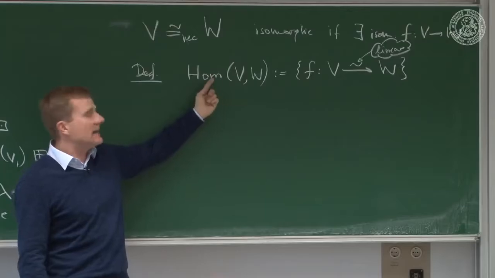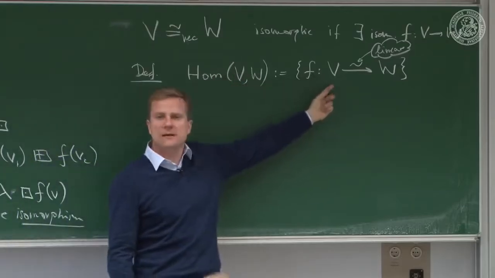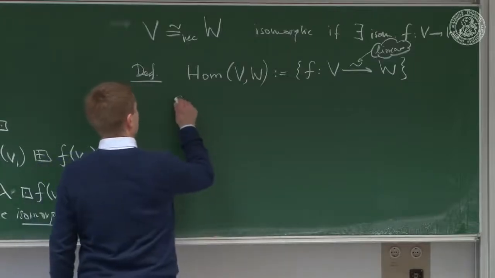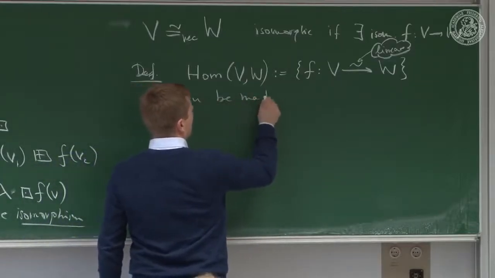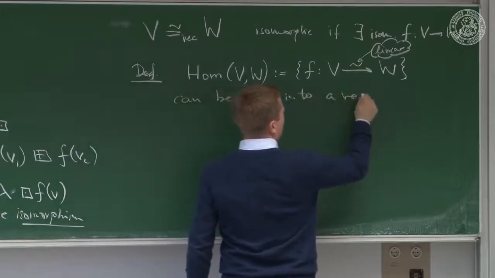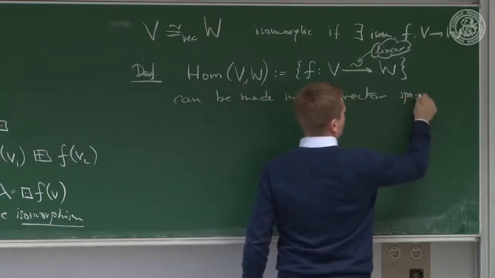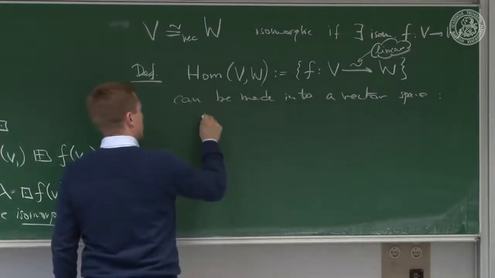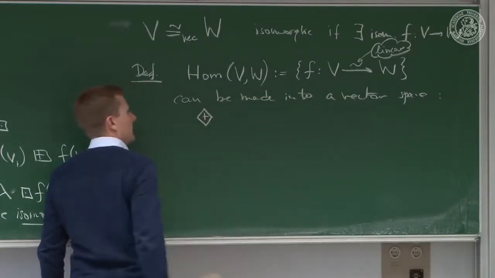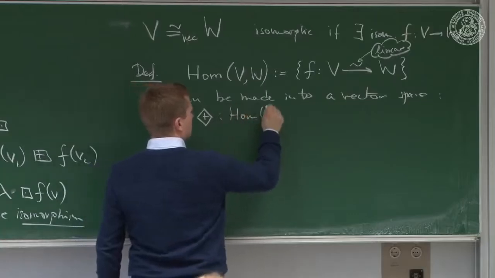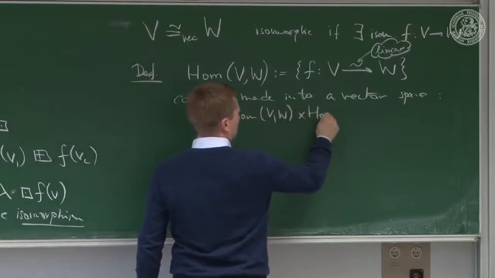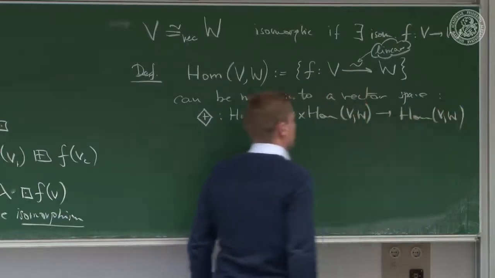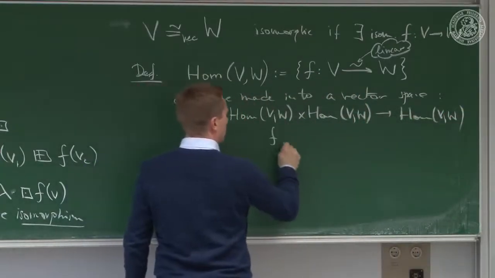Now the question is, can I make this set that consists of all linear maps between two vector spaces into a vector space again? Yes, I can. It can be made into a vector space by defining, okay, diamond plus. Diamond plus takes two elements of Hom(V, W) and maps them to Hom(V, W).